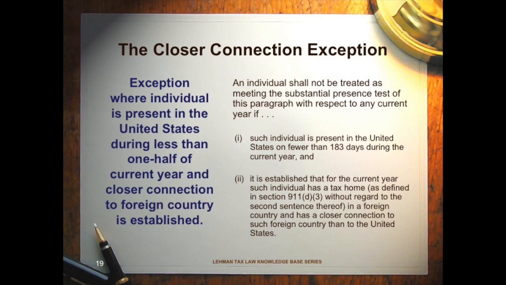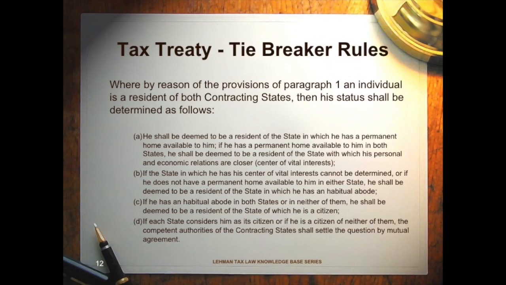The next exception is the exception that's provided by the U.S. tax treaties. And we have, as I said, tax treaties with many, many countries. Those tax treaties all basically do what is called a tiebreaker rule.